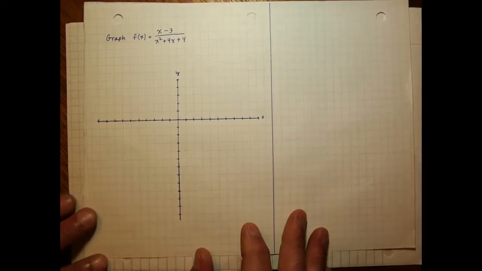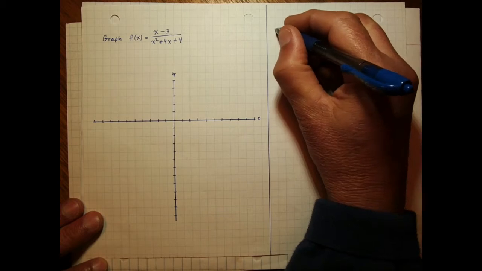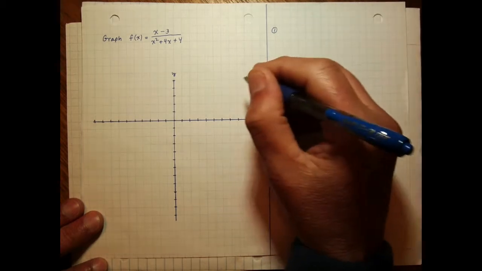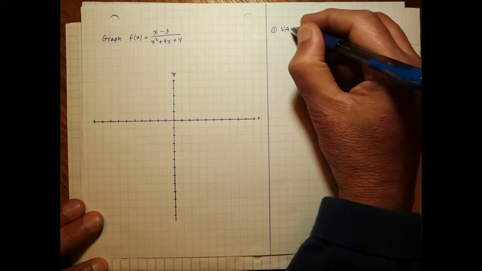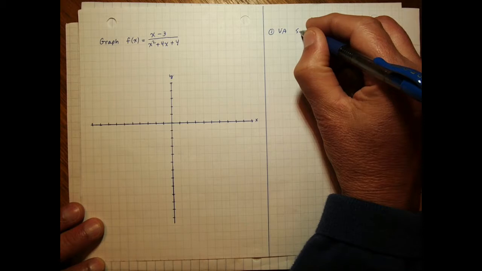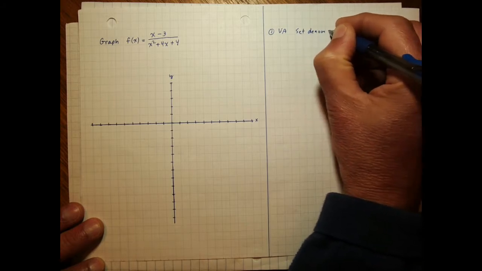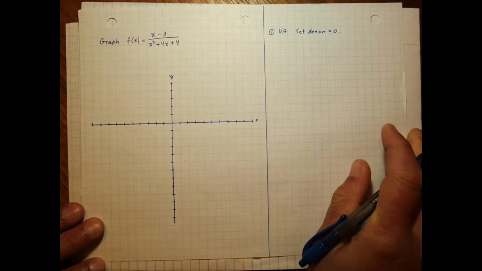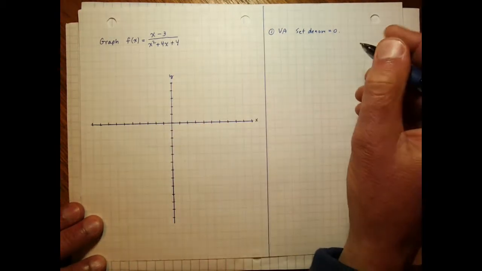So the first step is to check for the vertical asymptote, which I abbreviate VA. What we've got to do is set the denominator equal to 0, as long as the fraction is in reduced form, and ours are always reduced.